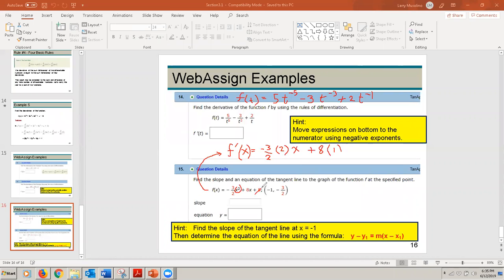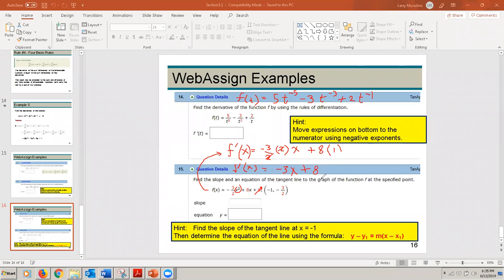Then when I take the derivative of this constant 8, it's just 0, so I don't need that. All right, so it looks like the derivative function then is going to be negative 3x. This 2 cancels out with that 2. Negative 3x plus 8.